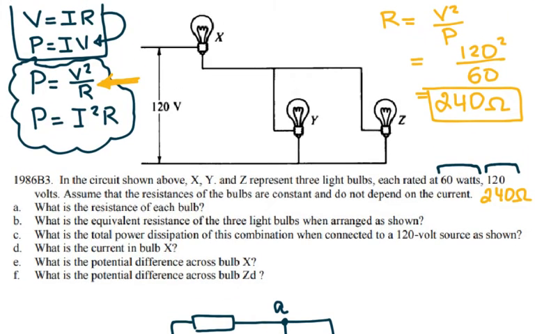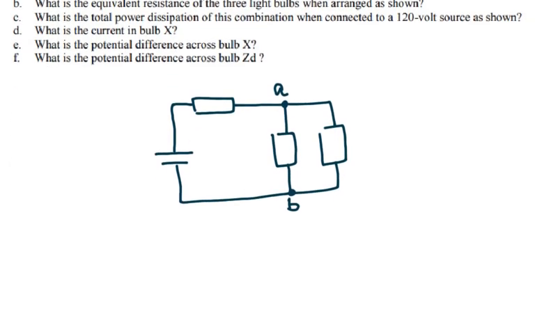Here I have point A, point B, and the power supply, and the bulbs are X, Y, and Z. If I'm looking for the equivalent resistance, I see that these two are connected in parallel.